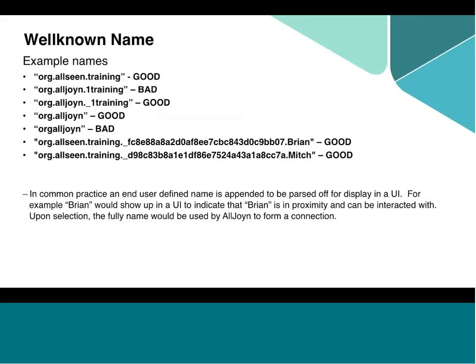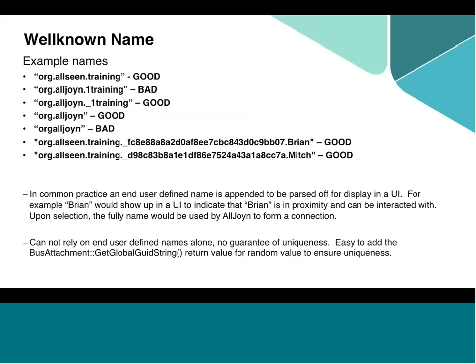We can maybe display that in the UI, so that if I'm playing a game, for instance, I know that Brian is nearby, and maybe Brian's my friend, and I can tell him, hey Brian, do you want to play a game? But it also has that long random value, and that really allows for uniqueness so there are no collisions. And it's easy to add that. You just use the API call to get the global GUID string and append that right onto your string.